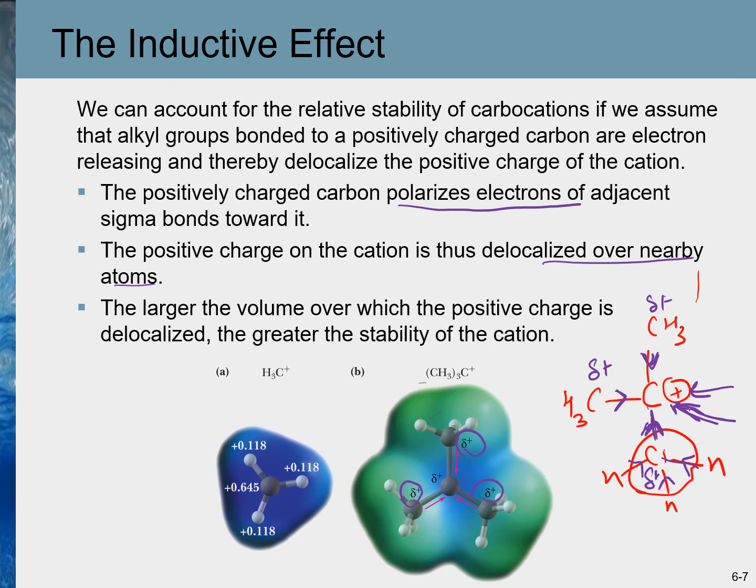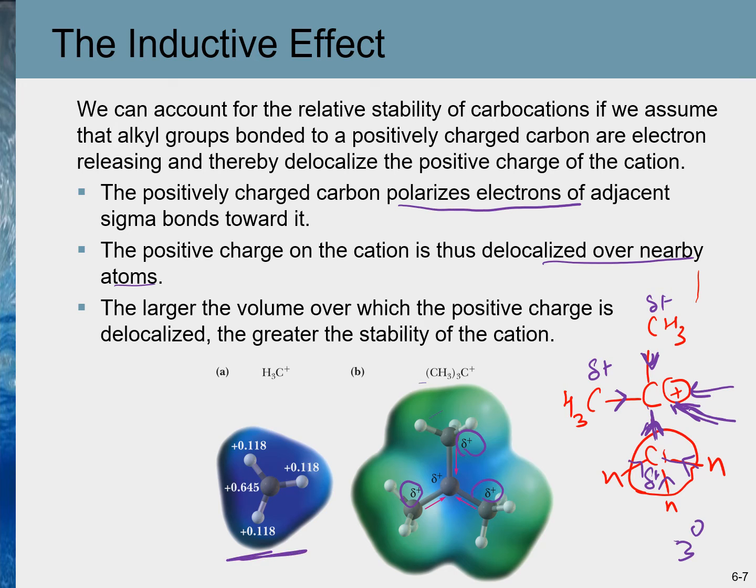So as in tertiary carbocations, the charge-bearing carbon atom is bonded to three carbon atoms, so the delocalization is spread over multiple or more carbon atoms.